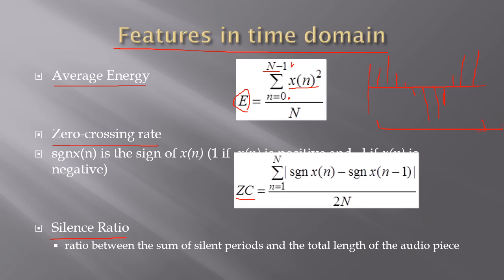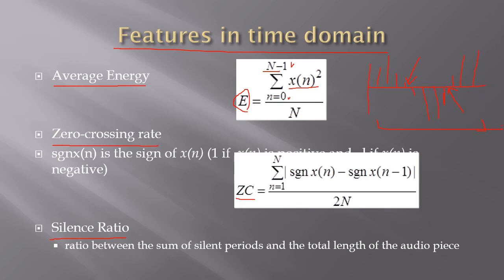Then how many crossings are there? I can show you that this is a crossing from positive to negative, and this one is also a crossing from negative to positive. So you have two crossings in your frame.